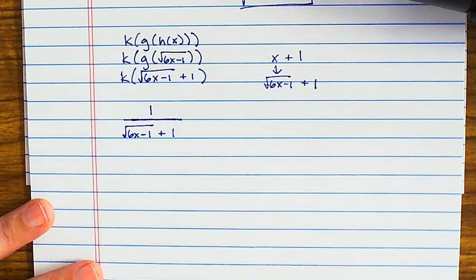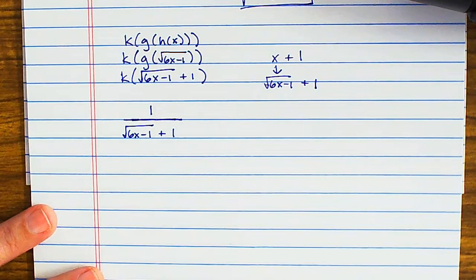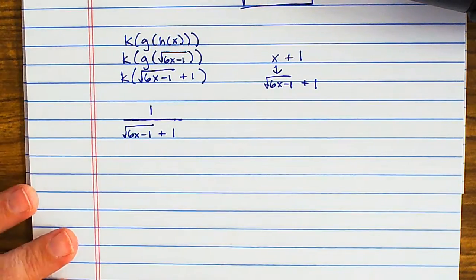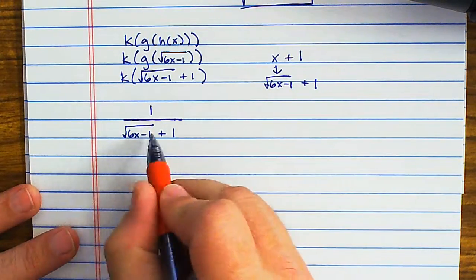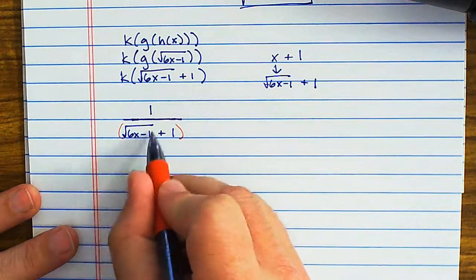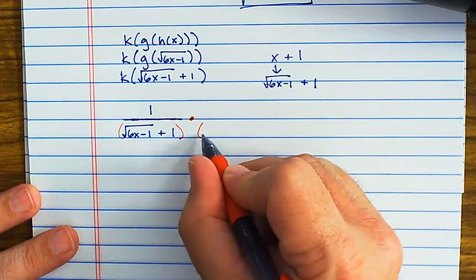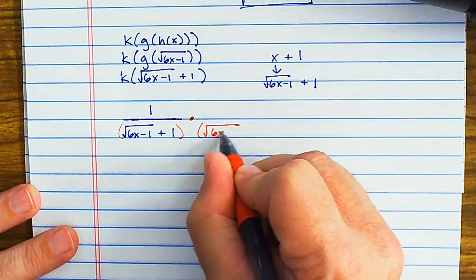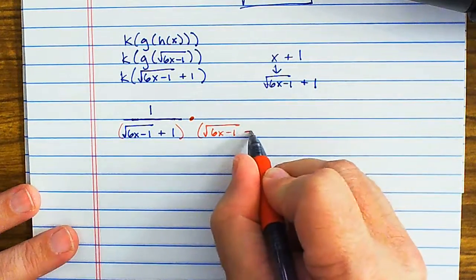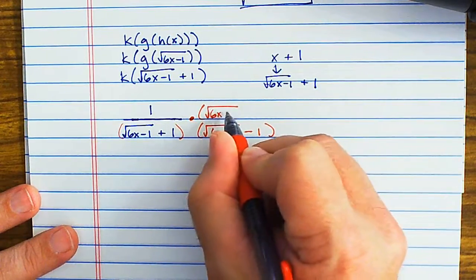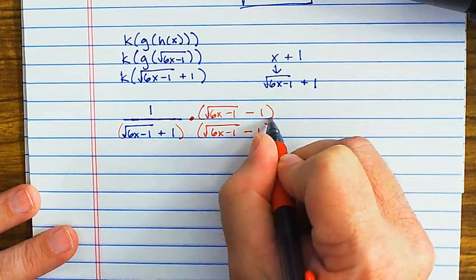And then we're going to simplify. So to simplify that, remember, we have to multiply by the conjugate. This is a binomial. This is one term plus 1, so I'm going to multiply it by radical 6x minus 1 minus 1, because we cannot have radicals on the bottom, if you remember that.